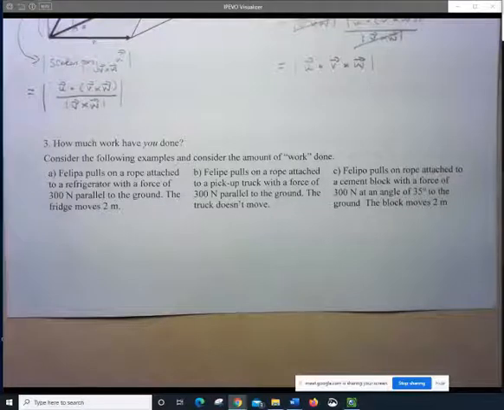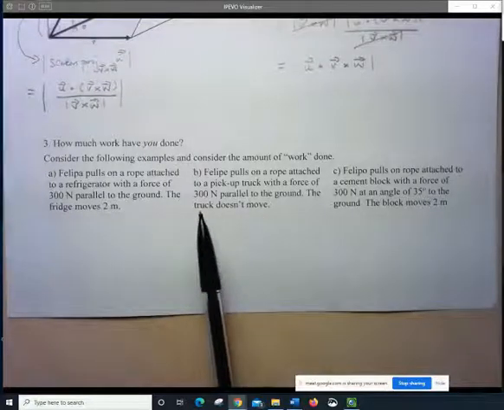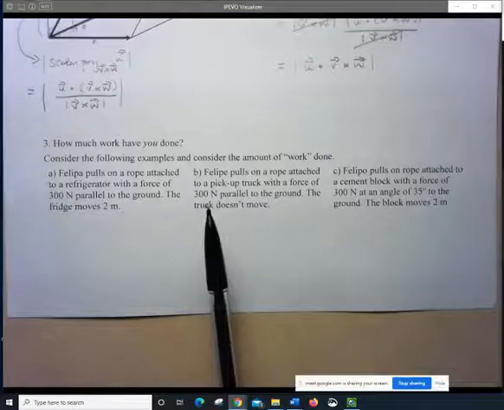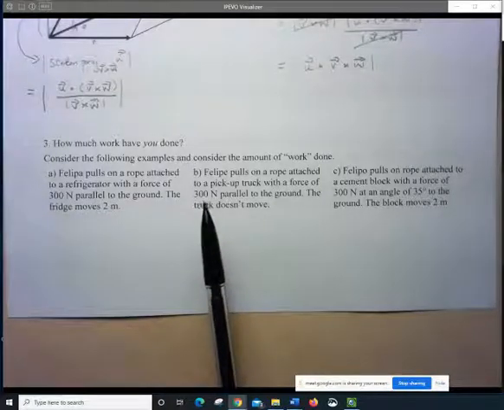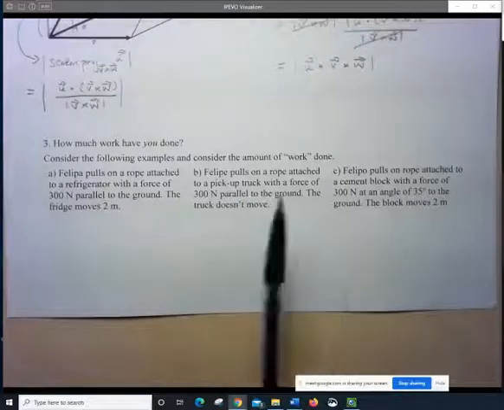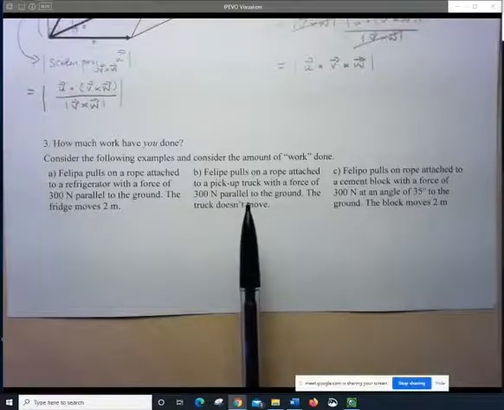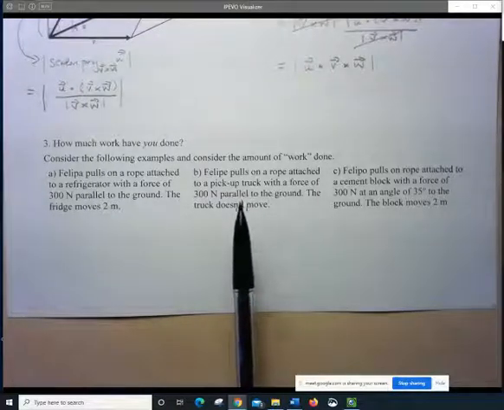Because when it comes to work, you're only considered to have done work if you've actually produced a motion in the object on which you're applying the force. Okay, so in this case, despite the fact that you're trying to pull this pickup truck and you're applying this force of 300 newtons, you might be sweating just as much as when you're applying the 300 newtons in the other 2 scenarios. If you haven't actually moved the object, you're not considered to have done any work.